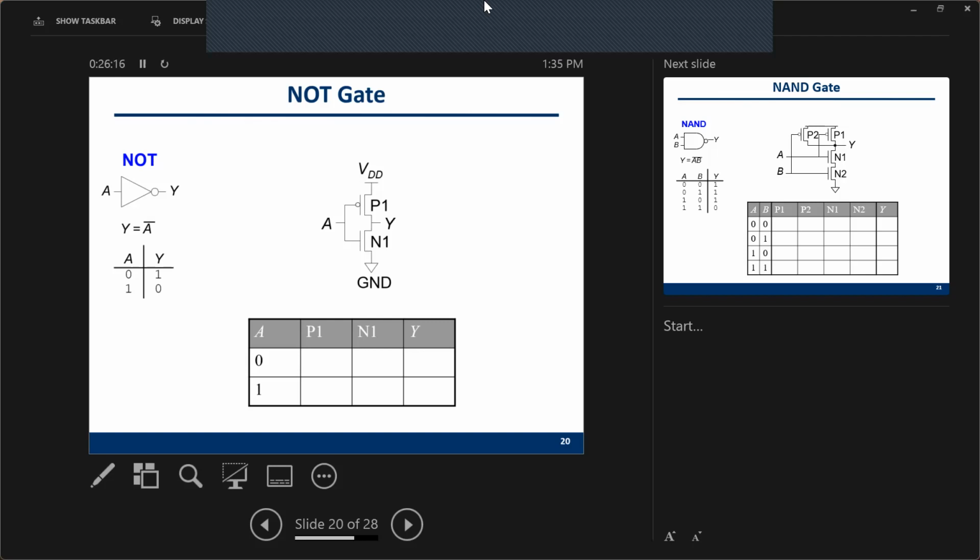So for the case where A is 0, the PMOS here is closed because this is a 0. But the NMOS is open. NMOS is open means that this 0, this ground, cannot pass through this gate to reach Y. But the VDD, the 1, can pass through this PMOS gate and arrive at Y. Then Y is equal to 1 in this case.